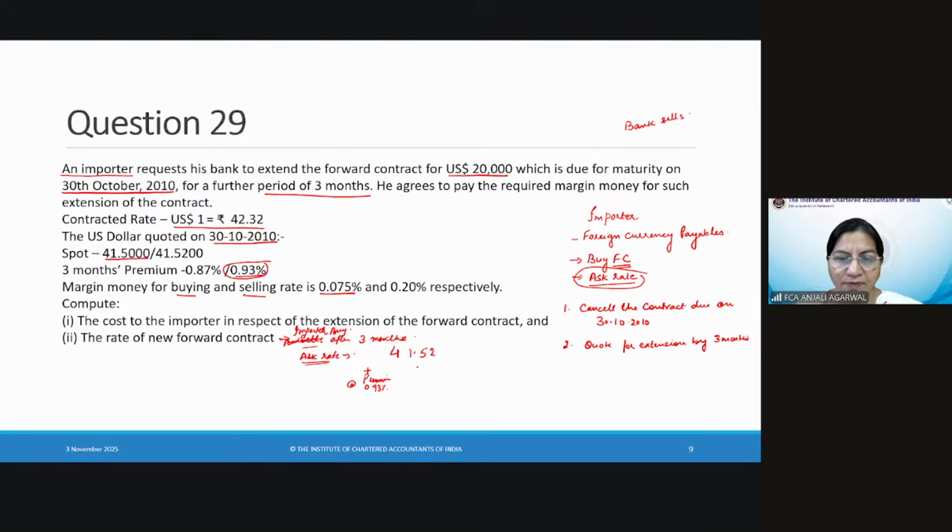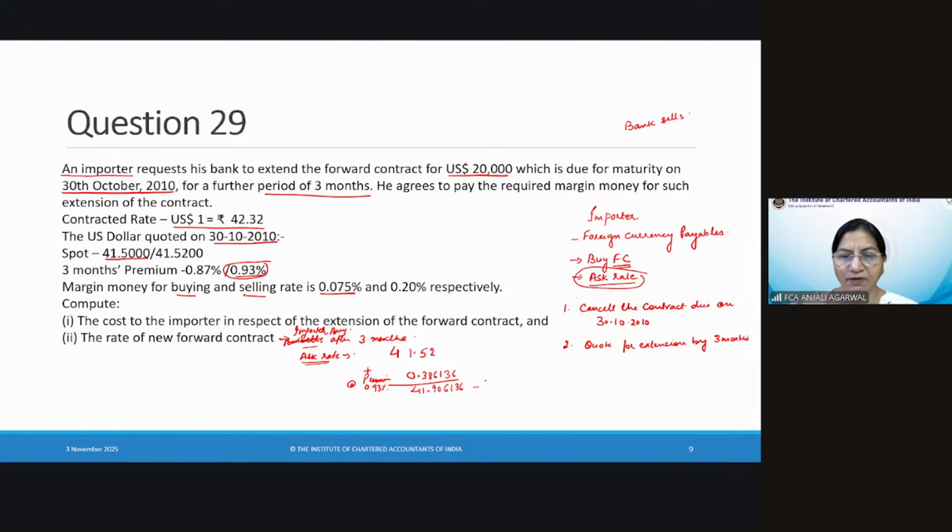So 0.93% of 41.52 comes out to be 0.386136, giving 41.906136.